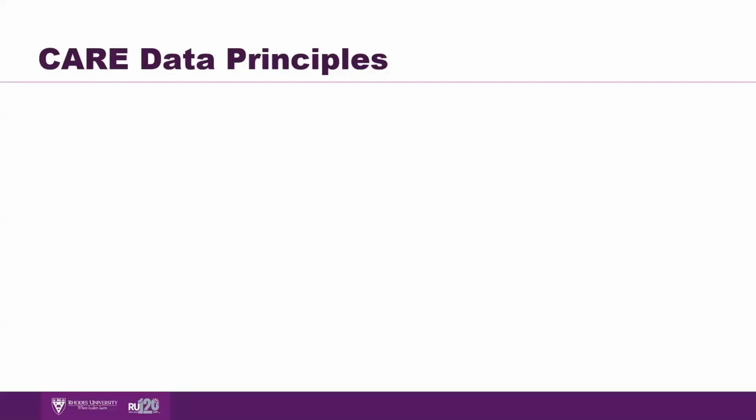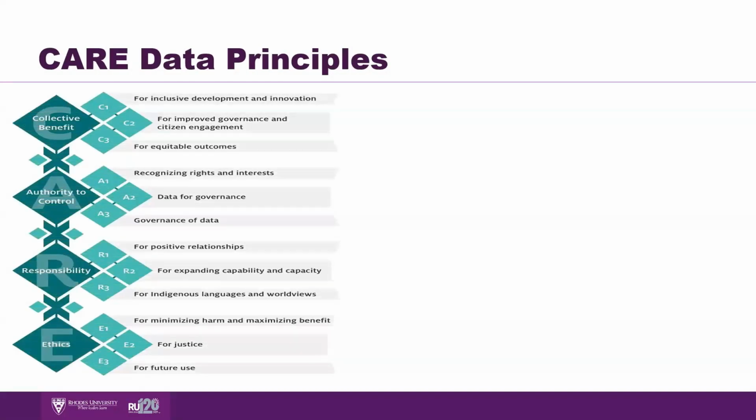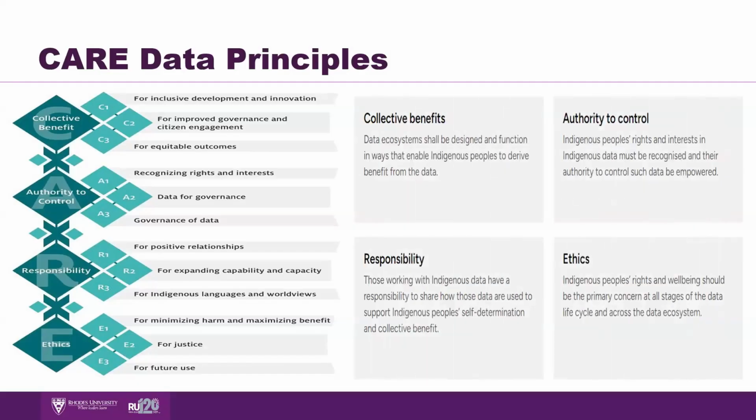And then finally, the last principle is the CARE data principles. Now, these apply more to research data that are collected from indigenous communities. So it's a bit of a select group, so to speak, of research data. But in terms of these principles, the data need to speak to the collective benefits of the community. There's authority to control, that is, permission that is granted by the community.